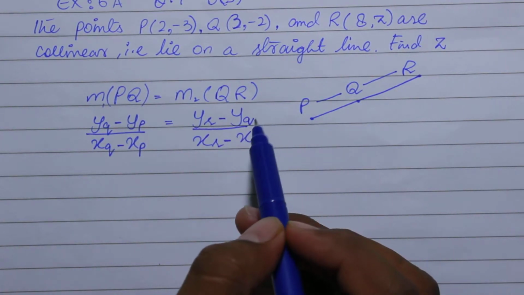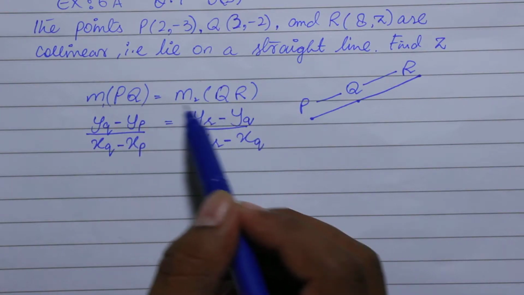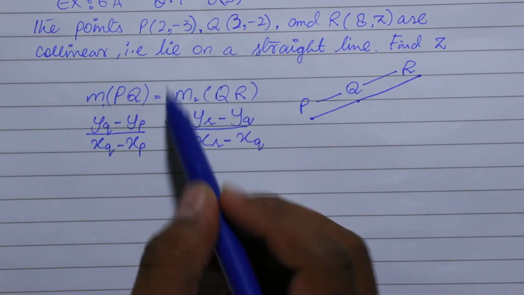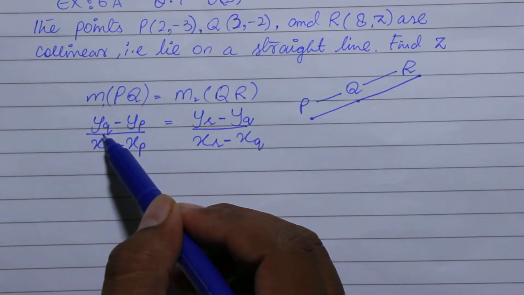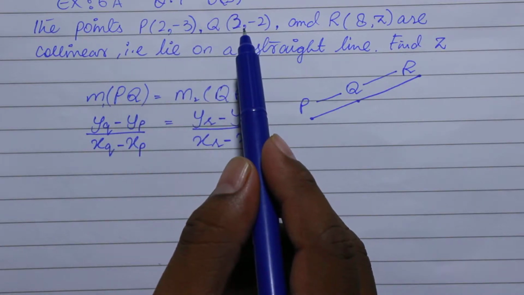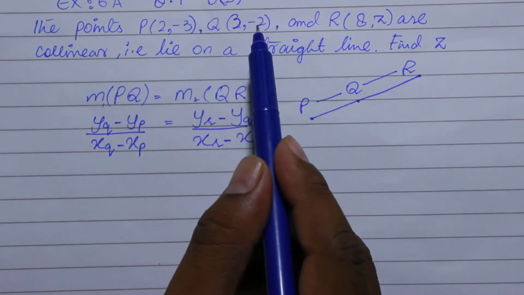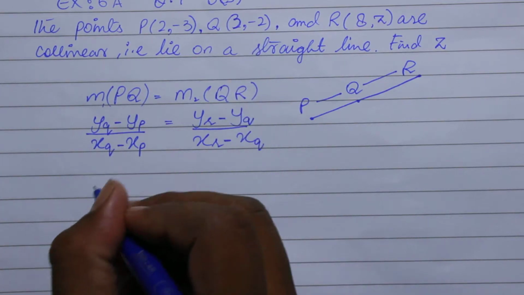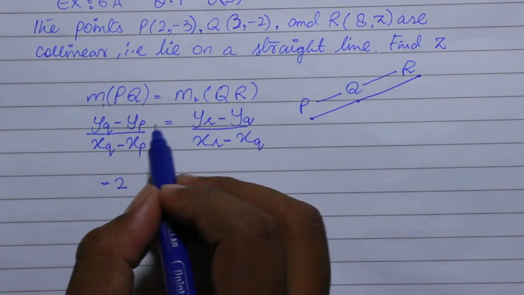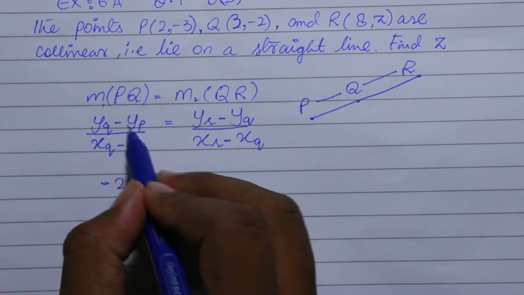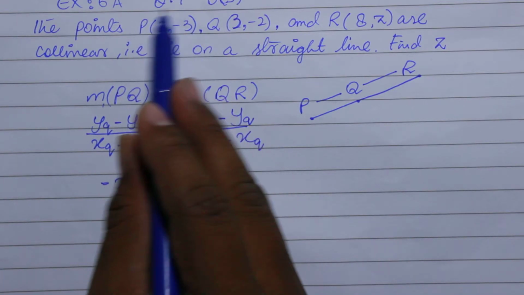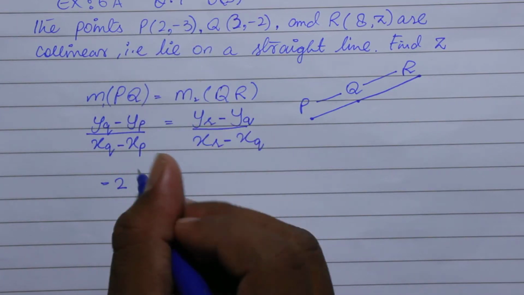Now, as we are given the values of these coordinates in the question, this is P, this is Q, and the Y coordinate of Q is -2, so I replace YQ with -2. Then the Y coordinate of P, this is the P bracket, is -3.